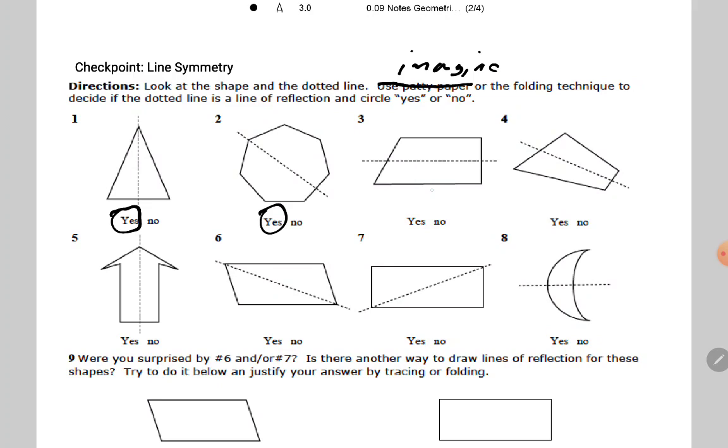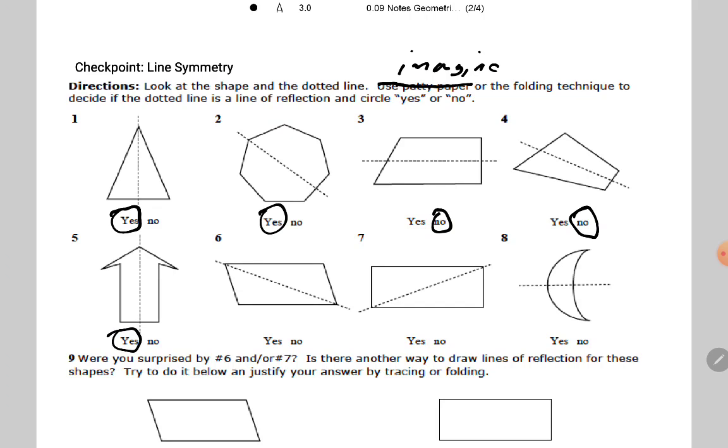You can fold that onto the other side. Number 3, no, you can't, because if you imagine folding, this edge here will be sticking out. It won't fully overlap. Number 4, no, the top does not look like the bottom. Number 5, yes, the left looks like the right.